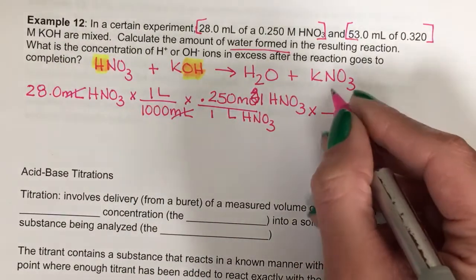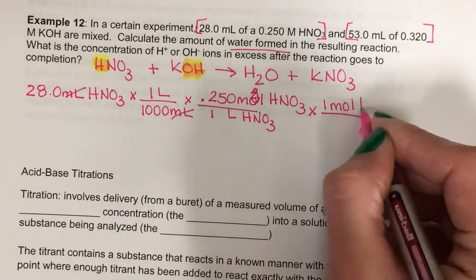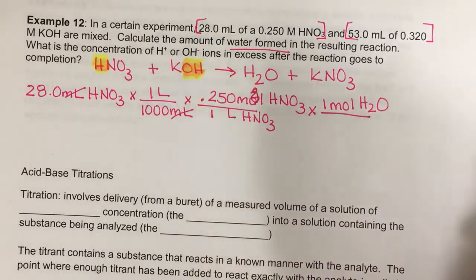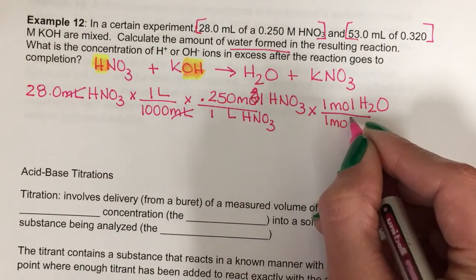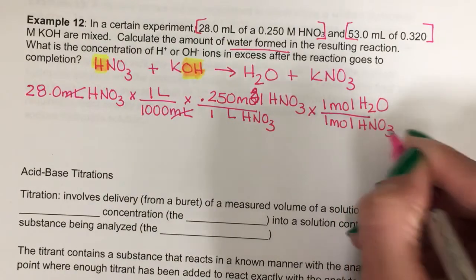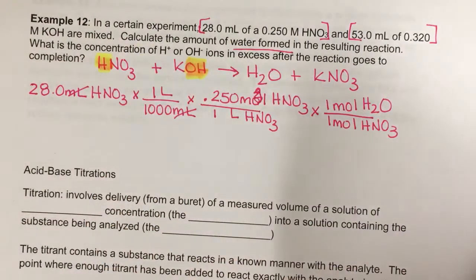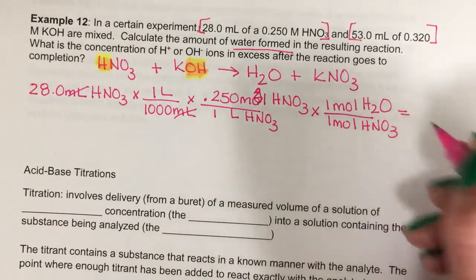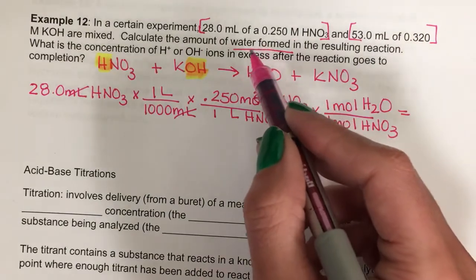So I know for every 1 mole of H2O, I'm making 1 mole of HNO3. And I said that backwards. It's actually 1 mole of HNO3 makes 1 mole of H2O. Same difference. Okay, let's go ahead and stop at moles, and I'll tell you why once we get to the excess ions.